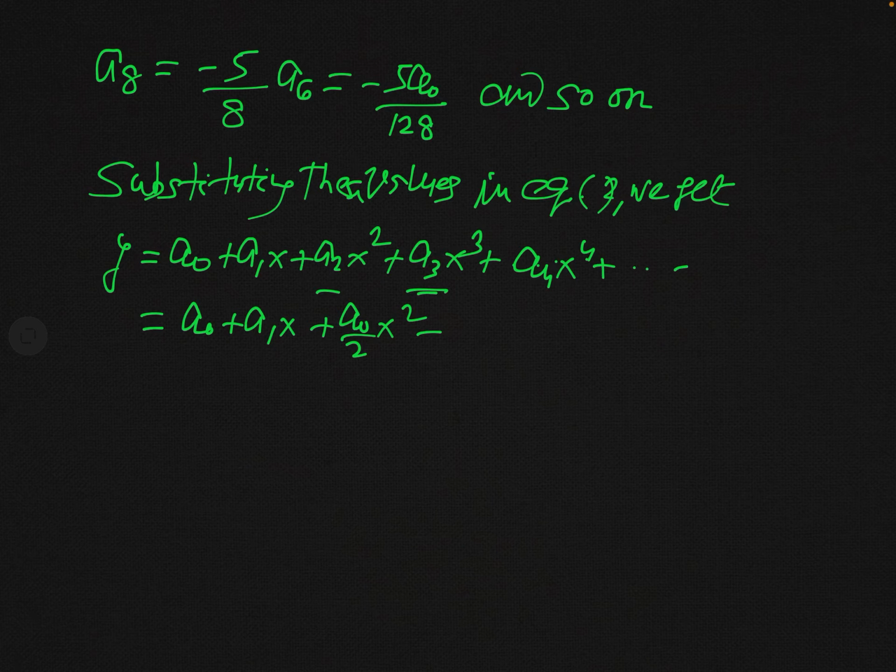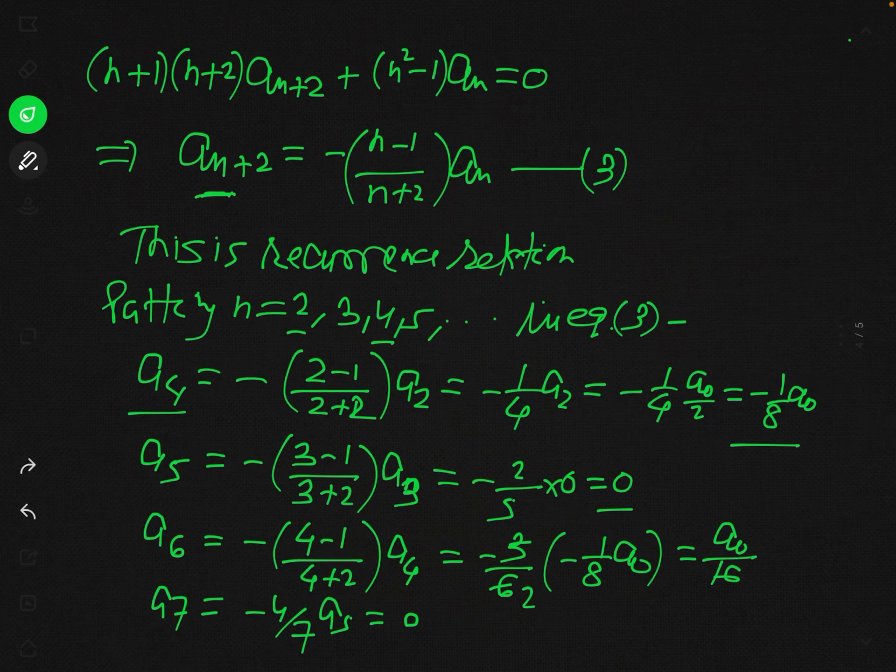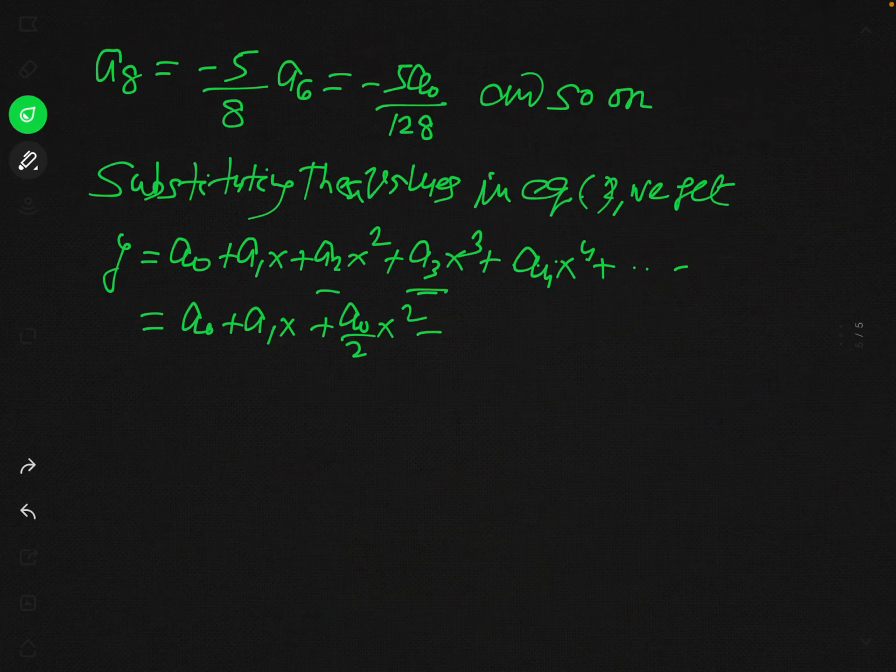And you know the value of a4 is what? You can see here the value of a4 is minus a0 by 8. So this will be minus a0 by 8 into x to the power 4. Then again, the term containing a5 will be 0.